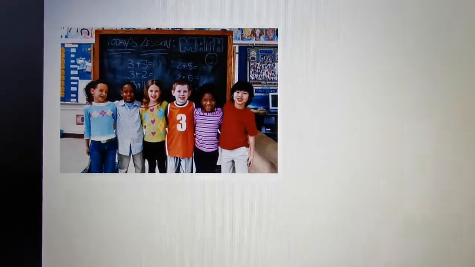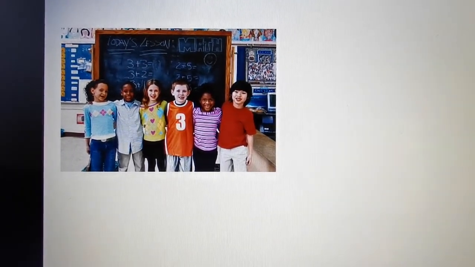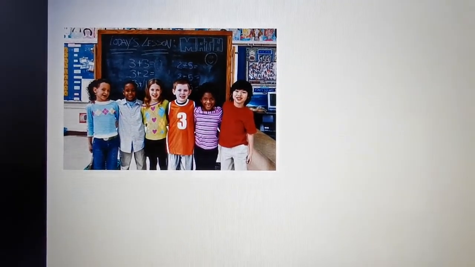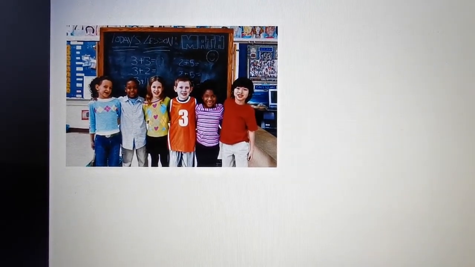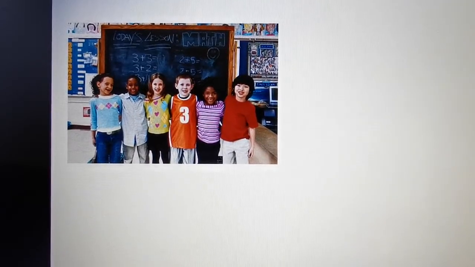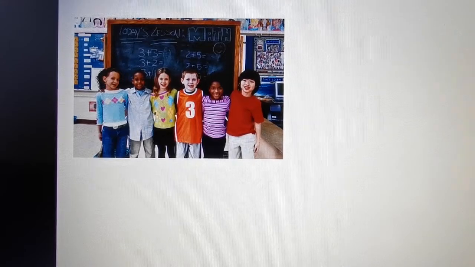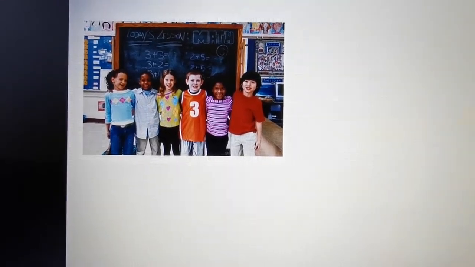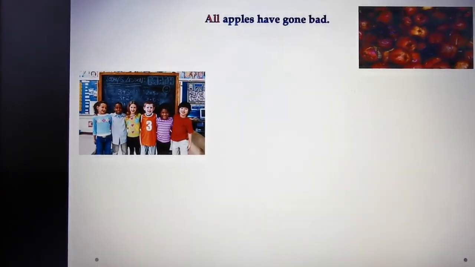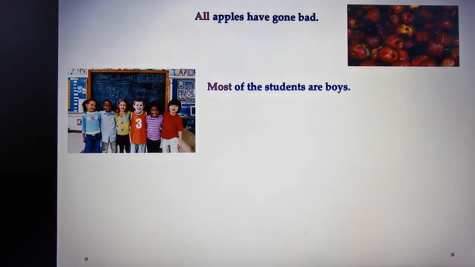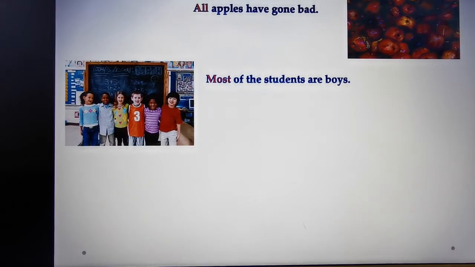So if you notice here in this picture, there are 6 people in this group, right? So if you can see, there are 1, 2, 3, 4 boys. So that means half of 6 is 3, right? So more than 3 people in this group are boys. So what kind of sentence would I make to express this picture? I would say most of the students are boys.